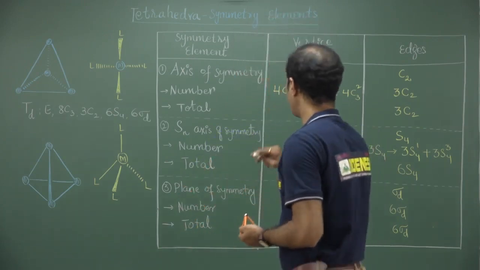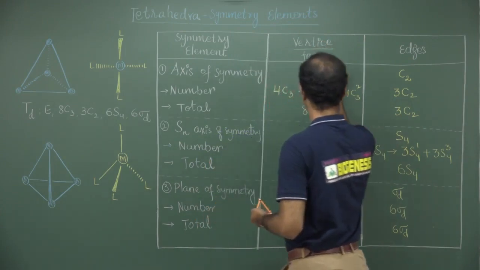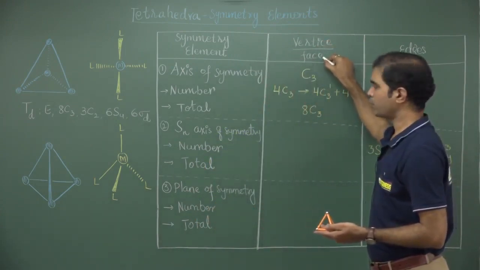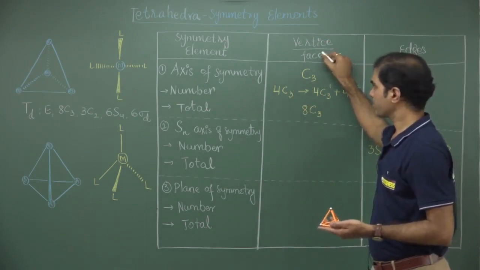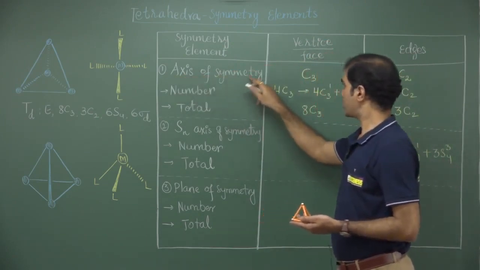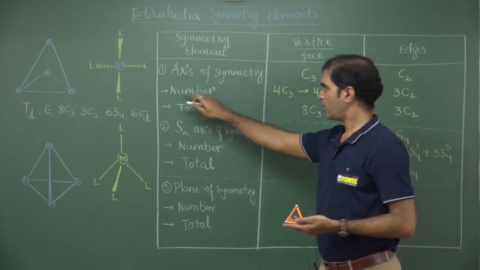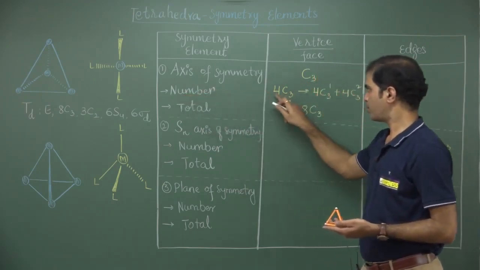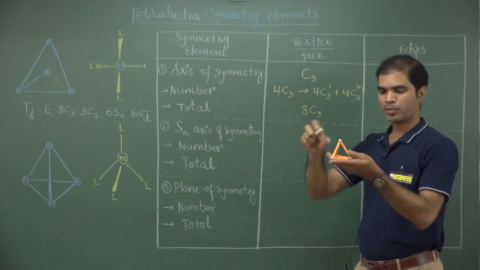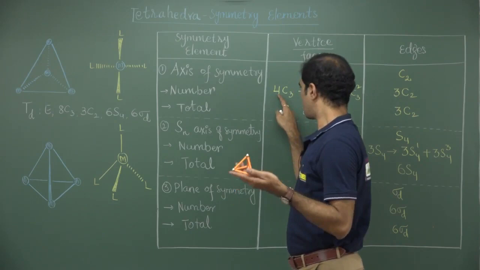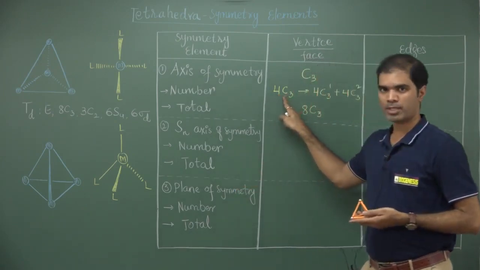If I am choosing the vertices or the face, because opposite of a vertex is a face, opposite of a face is a vertex. Which axis of symmetry is present through the vertex or a face? C3 is present. How many C3s are there? 4 C3s are possible, because from each pair a C3 can be passed. Since there are 4 pairs, 4 C3s are possible.